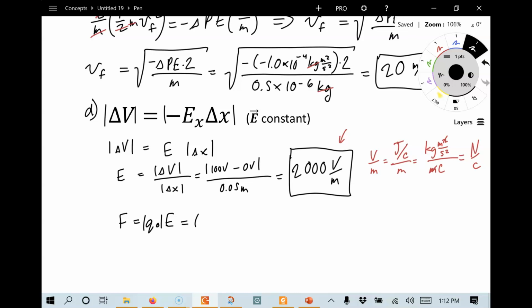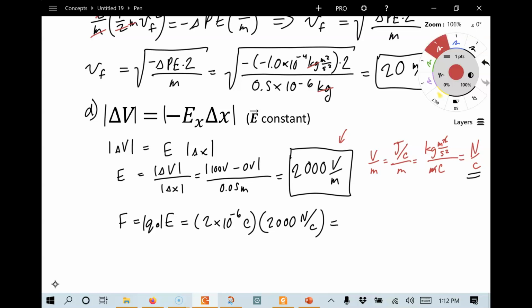Now in this case, I'm going to go ahead with 2 times 10 to the minus 6 coulombs, and I'm going to choose these units for electric field because that helps me get a better idea of how the electric field transmits force to that charge. Plugging that into the calculator, we get a value equal to 4 times 10 to the minus 3rd newtons.